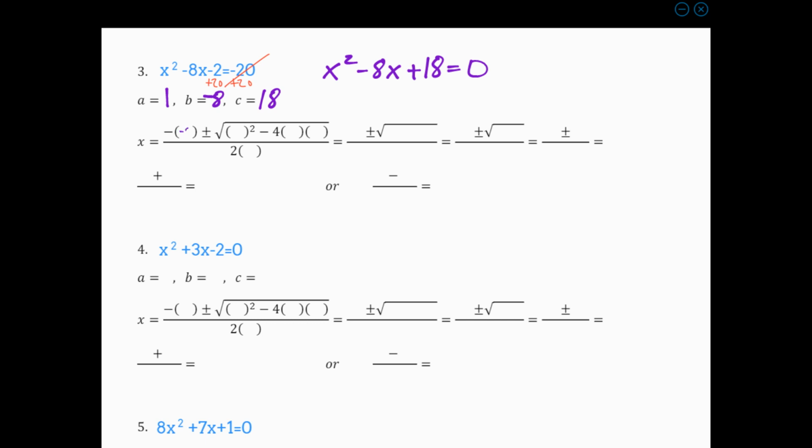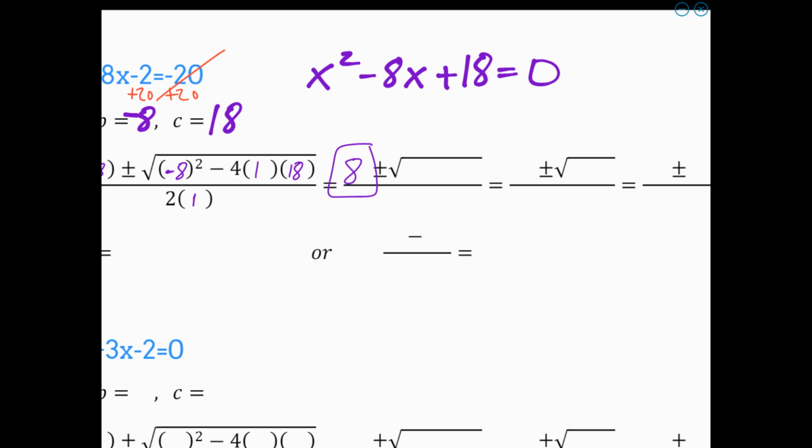What happens in this second one when I have a negative 8? It becomes a positive 8. What happens when I square my negative 8? When you multiply a negative times a negative, you still get a positive, right?